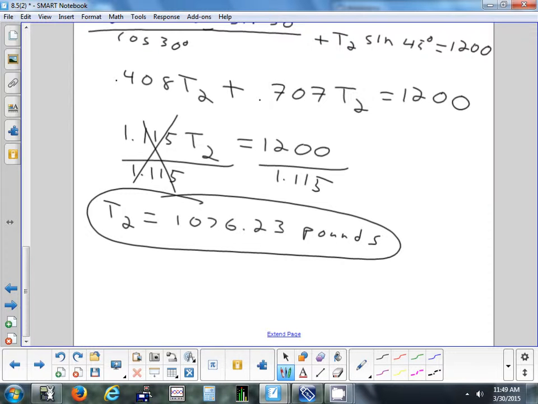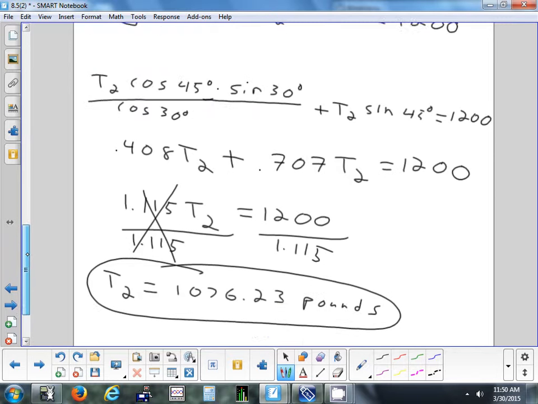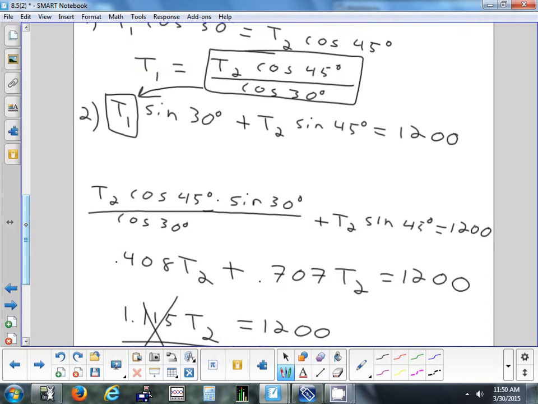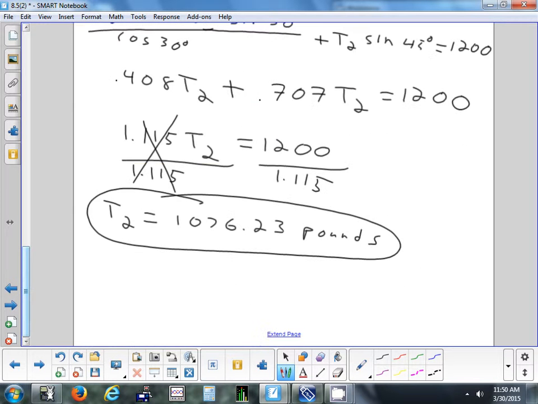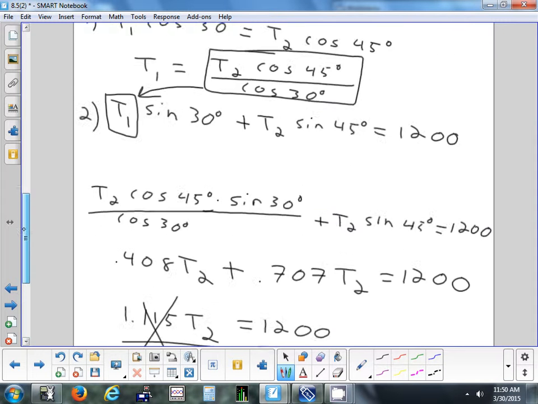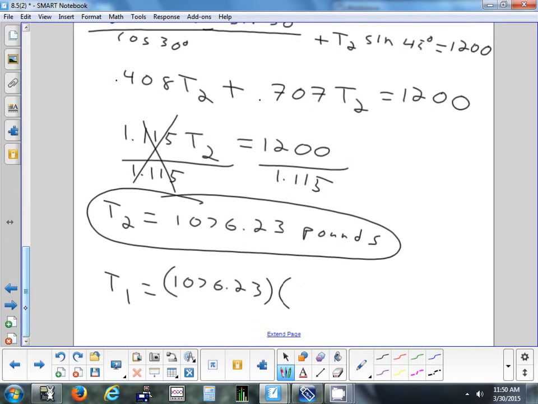Now that we have the tension in cable 2, the tension in cable 1, that's easy. We have a formula up above that says tension in cable 1 equals T2 cosine 45 over cosine 30. Well, now we know T2, so we just plug it in. So T1 is T2, what was it, cosine 45 over cosine 30.